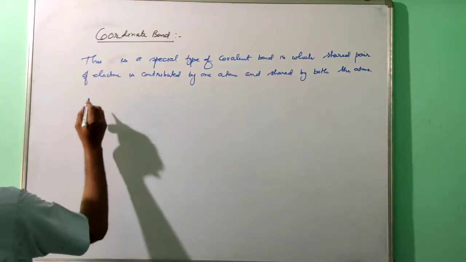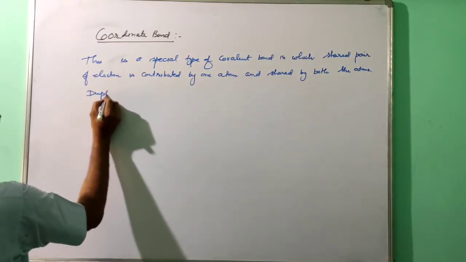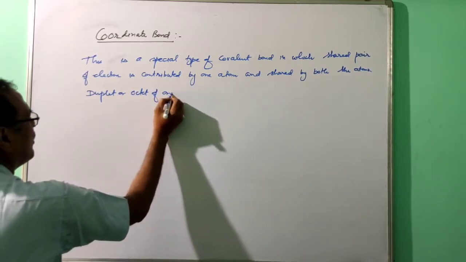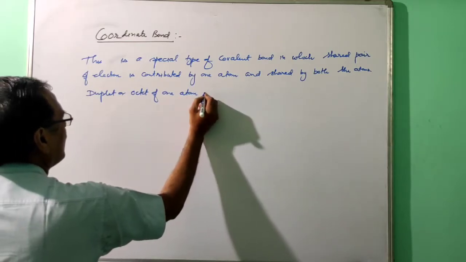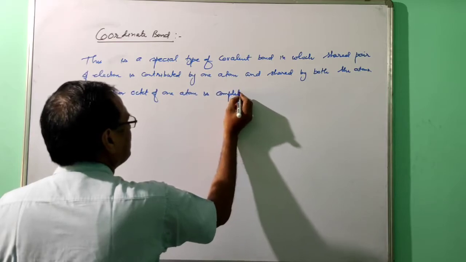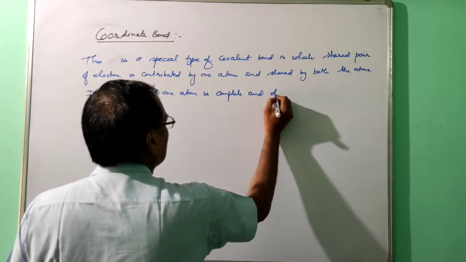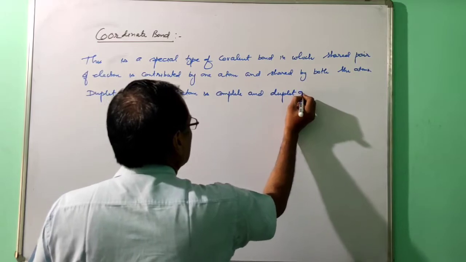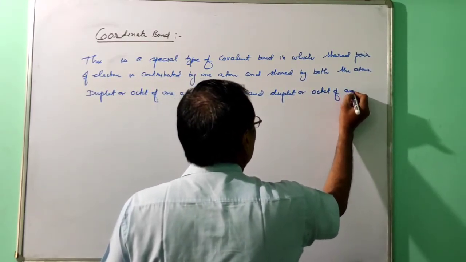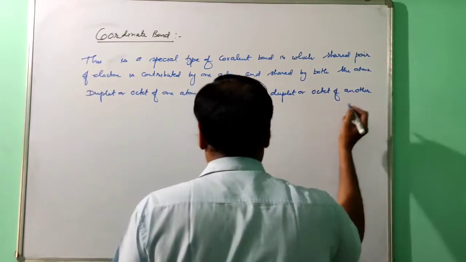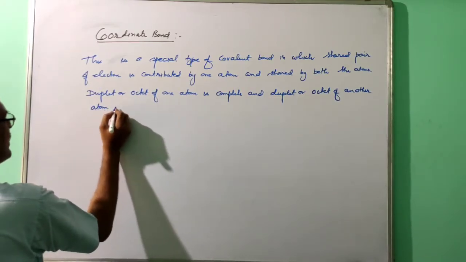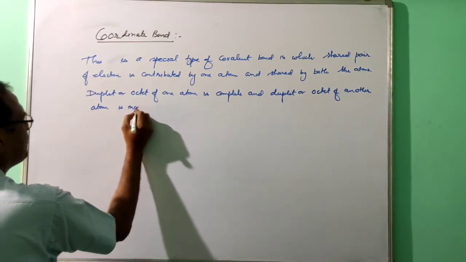And the second point: the duplet or octet of one atom is complete, and the duplet or octet of another atom is incomplete.